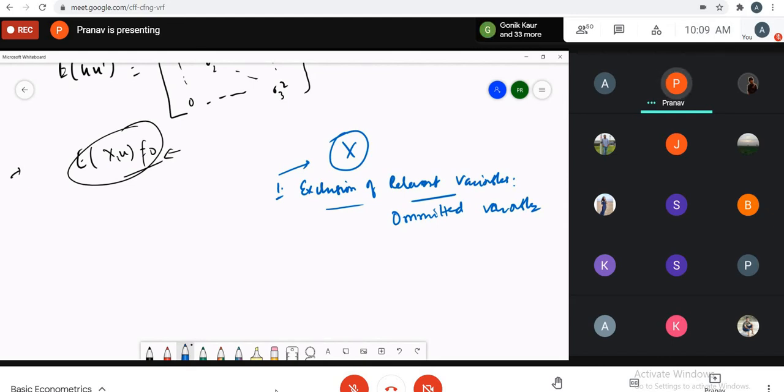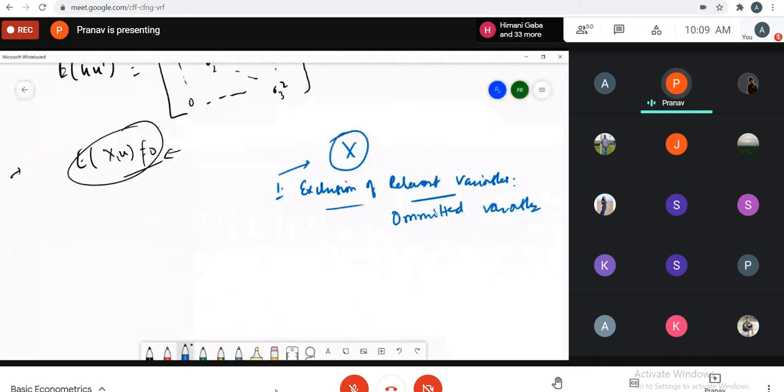And somehow, on the basis of our theoretical research, we are not able to include it. What we have here is the problem of exclusion of a relevant variable.